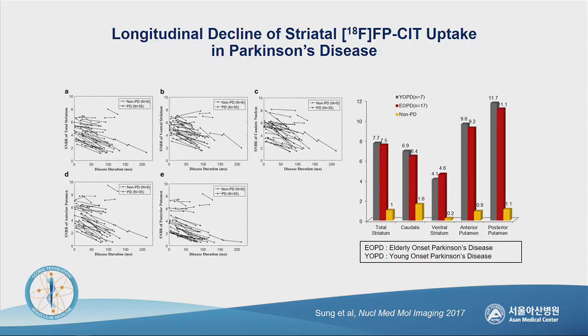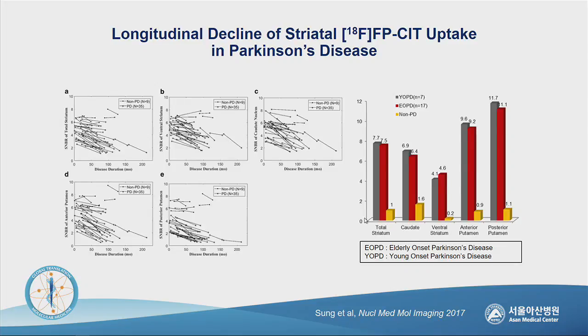We also retrospectively studied the longitudinal decline of striatal FPCIT uptake in Parkinson's disease. As you can see, the annual decline rate in Parkinson's disease was up to 11% according to the striatal subregion, most rapid in the posterior putamen, followed by the anterior putamen, caudate, and ventral striatum.